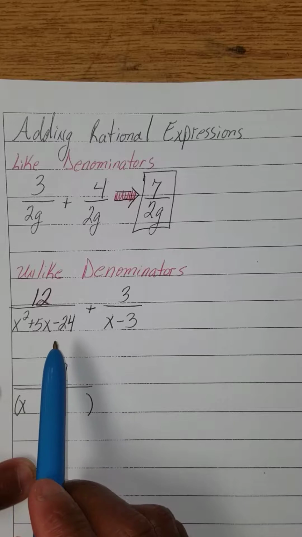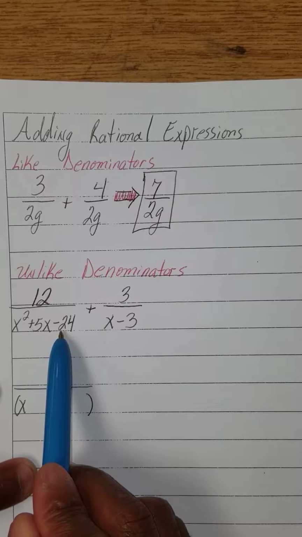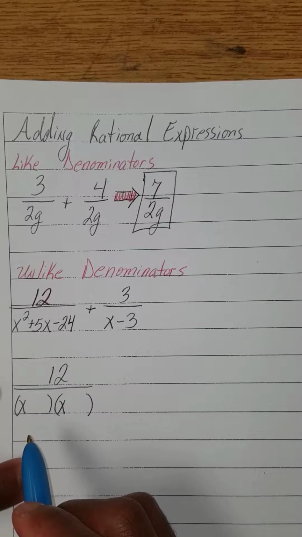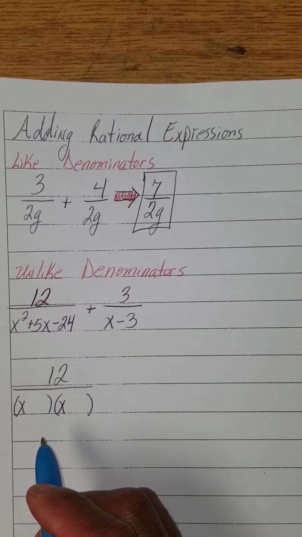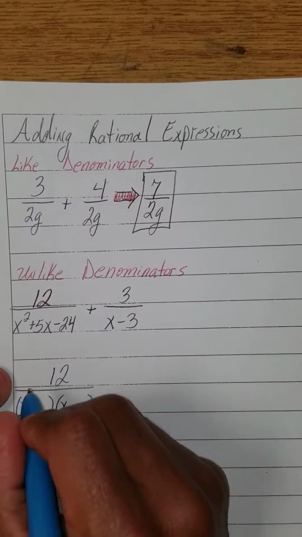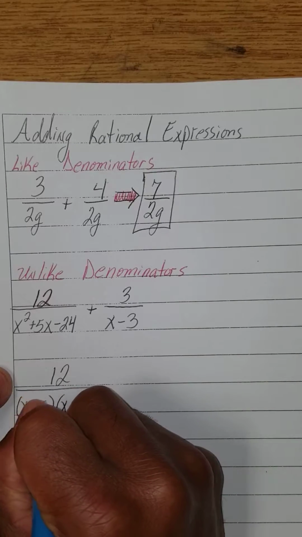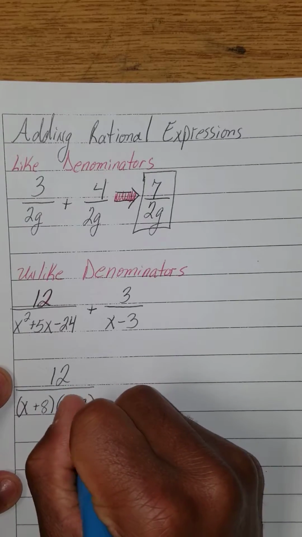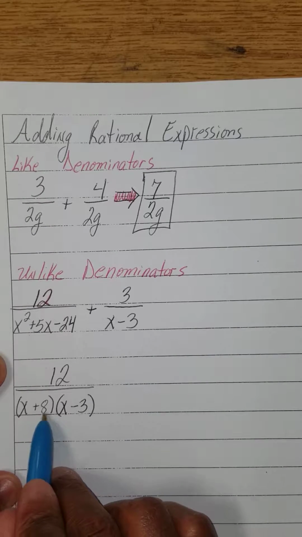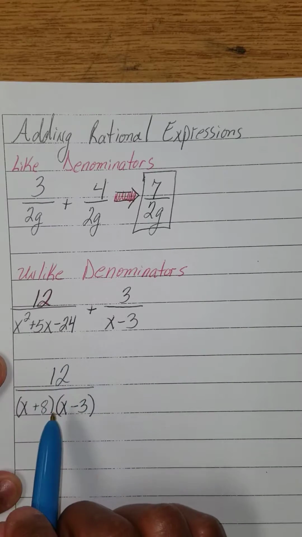Then I think, what are two numbers that will multiply to give me a negative 24, but when I add those same two numbers, I will get a positive 5? In this case, it would be a positive 8 and a negative 3. When I multiply 8 times negative 3, I get a negative 24.